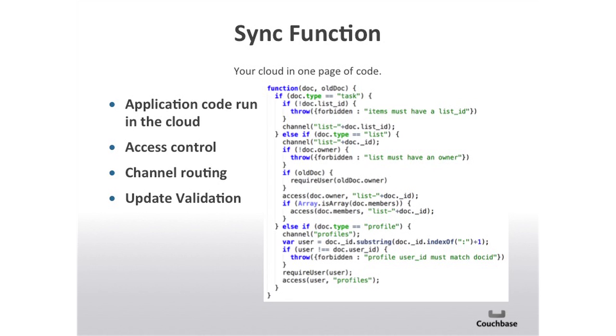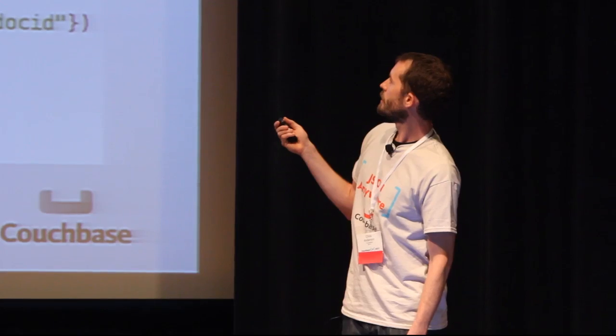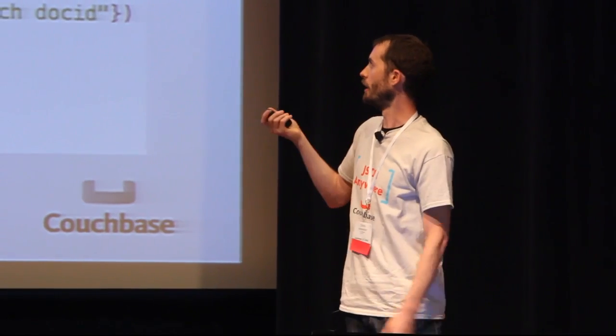But essentially, there are 3 main responsibilities. There's access control. There is provisioning channels and routing data to channels, and then there's update validation. So, in this case, we're requiring that items belong to a list. If you have an orphaned item, we won't let you save it.